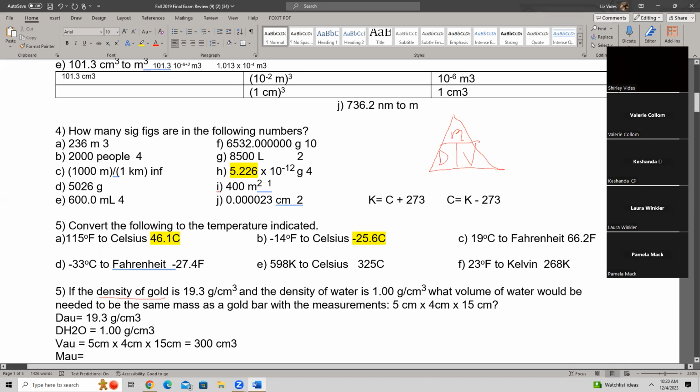So the mass of Au is density times volume. Density is 19.3, and we're just going to skip the units because they cancel and you get mass, which is grams. So what is 19.3 times 300? And we have to watch the sig figs.